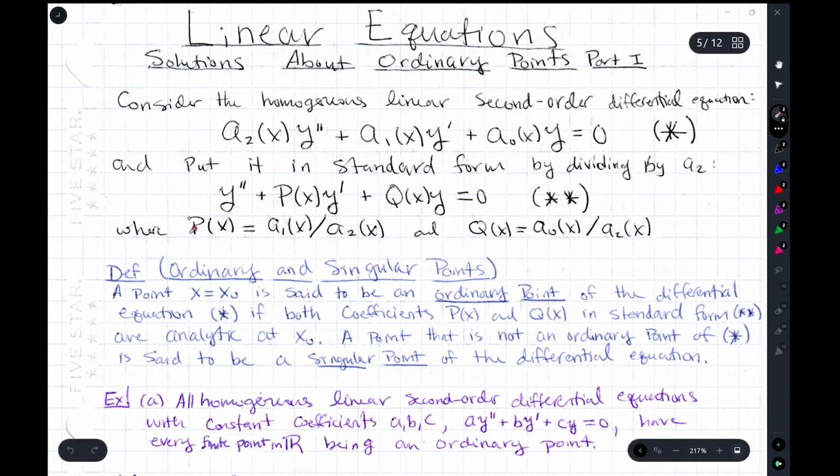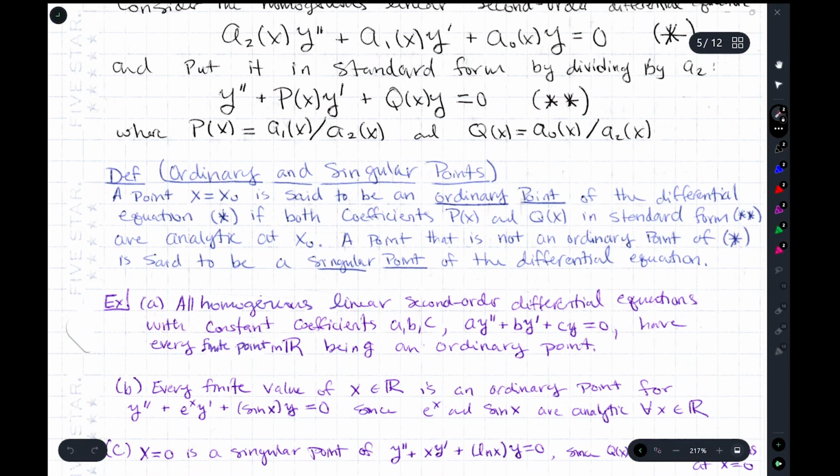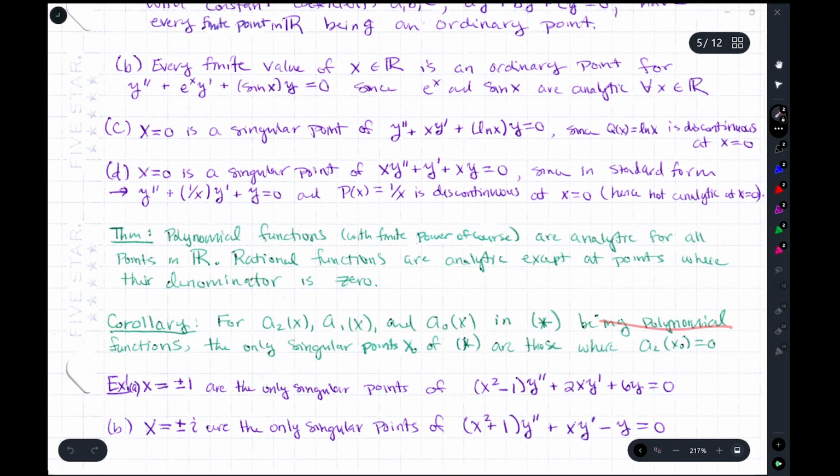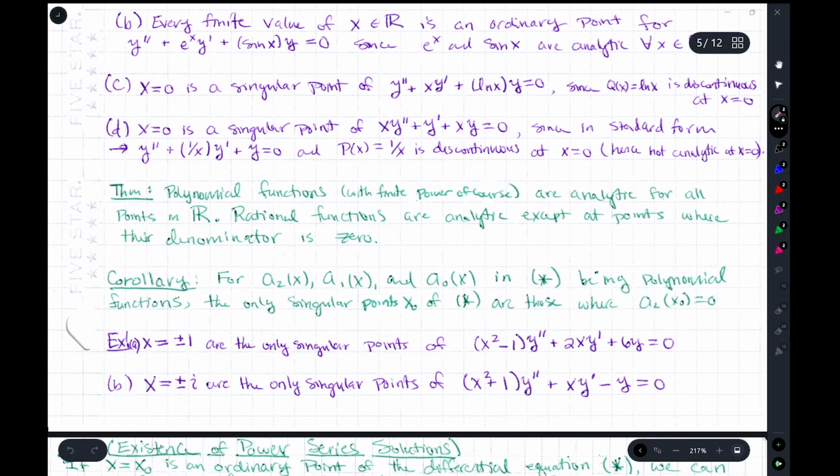Rather than going through, finding P and Q and just taking up time. The only singular points are those where A2 equals 0 because you're dividing by it to put it in standard form. So x equals plus or minus 1 are the only singular points of this, because these are where A2 will equal 0.